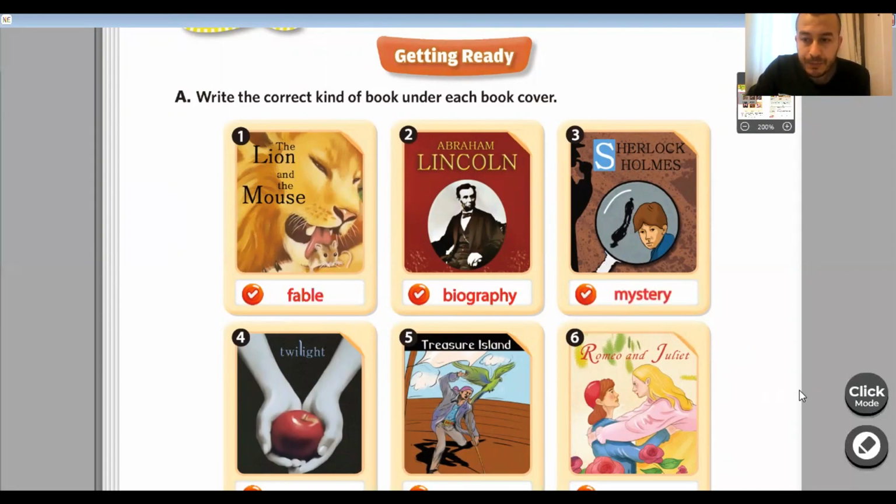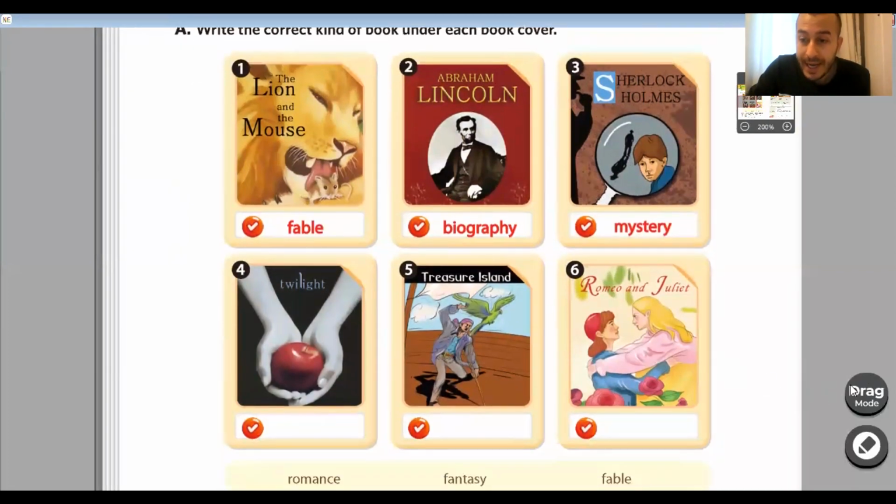The next book has a red apple held by someone, and its title is Twilight, and Twilight is one of the famous movies in this decade.